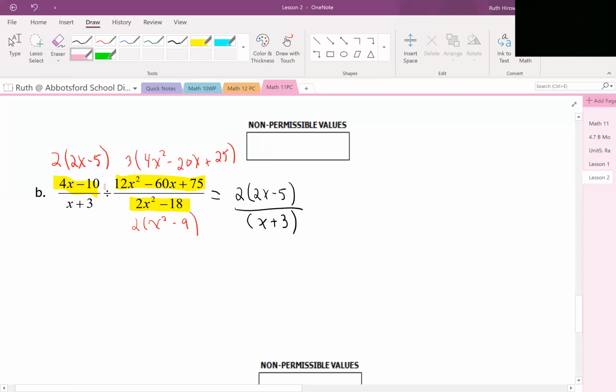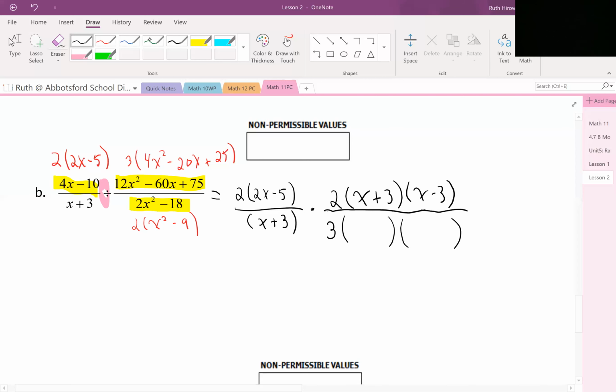Then remember that when we have this division, we are going to turn it into a multiplication, which means that 2x squared minus 18, factored as 2 times x squared minus 9, goes up on the top. And x squared minus 9 is x plus 3 times x minus 3. And this 12x squared minus 60x plus 75 goes on the bottom, which is 3 times that trinomial, and I'm going to factor it at the same time.